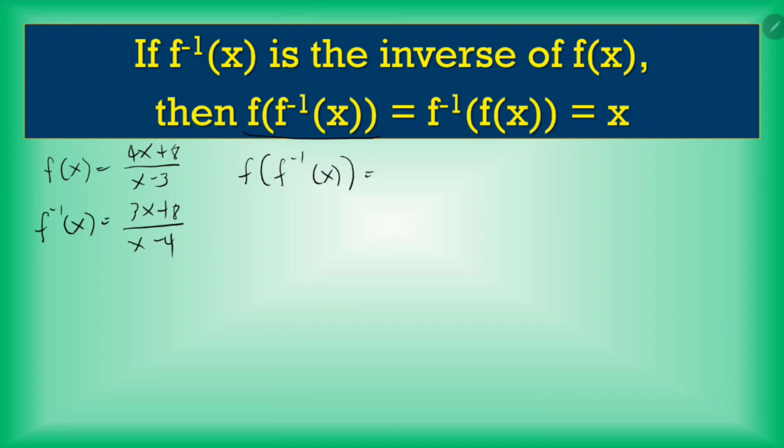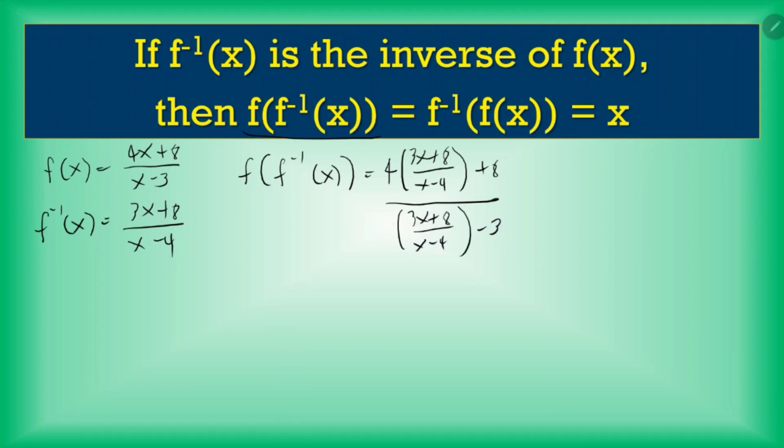Is equal to. Ayan. So, si inverse, ang ilalagay natin dun sa ating function. So, we have 4 times the 3x plus 8 over x minus 4 plus 8 all over our x again is 3x plus 8 over x minus 4 minus 3.